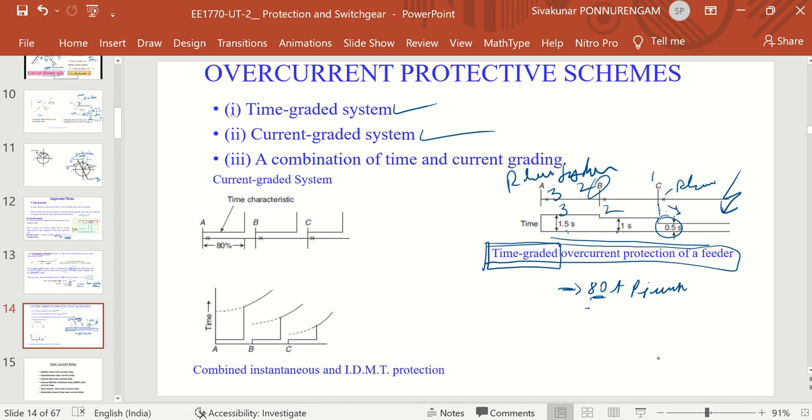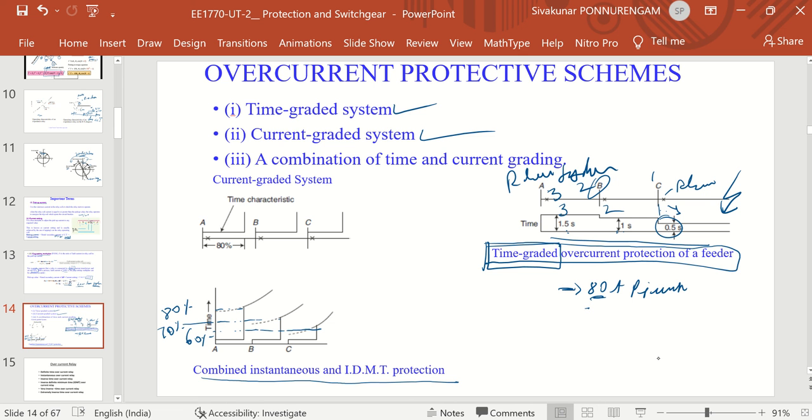The next important thing is the combined operation of the time graded and the other one, the current grader. So this is the percentage, please see. Assume for explanation purposes this is 60%, this is 70%, and I am putting some rating for explanation purposes.